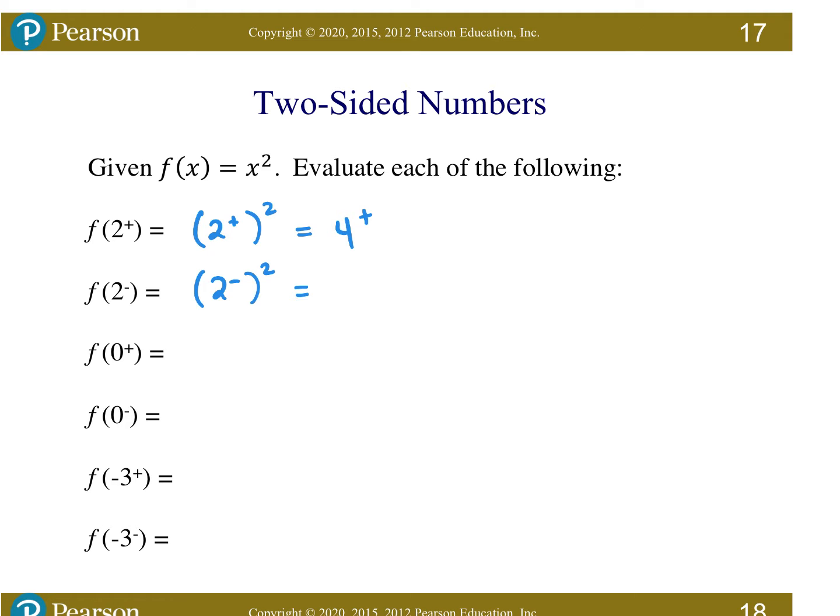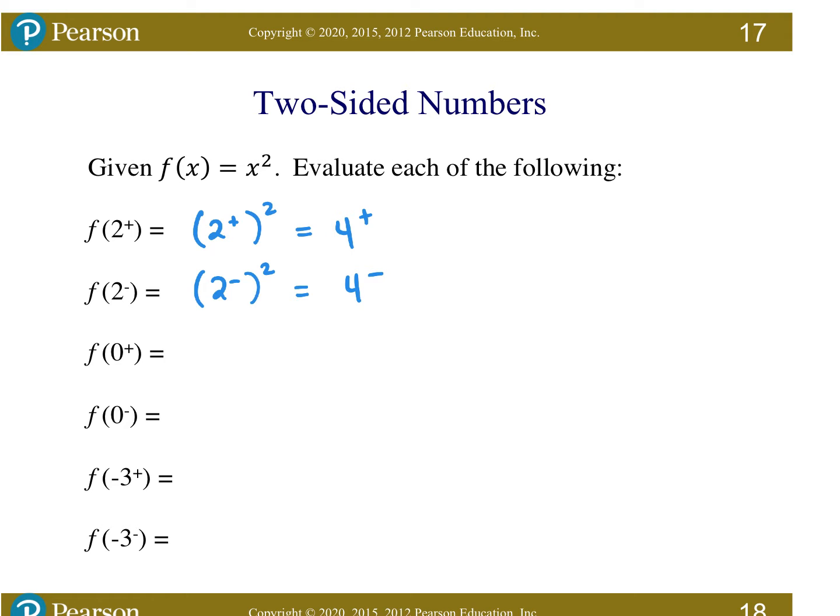If I square 1.99999, which side of 4 do I end up on? Well, I started out with something smaller than 2. When I square it, I can't magically be bigger than 4. I have to be smaller than 4. So that's going to turn out to be 4 minus.